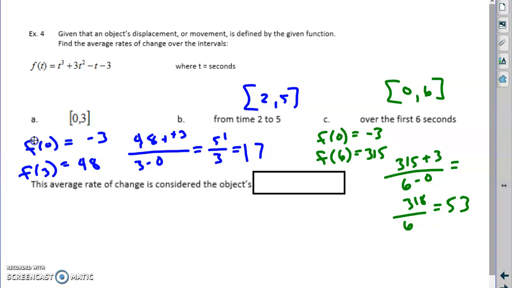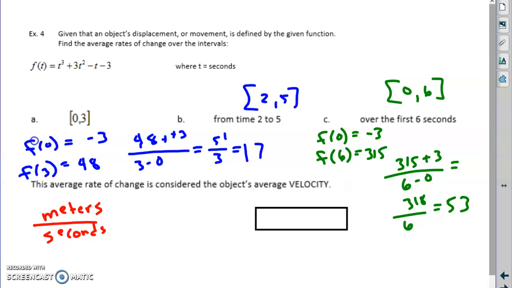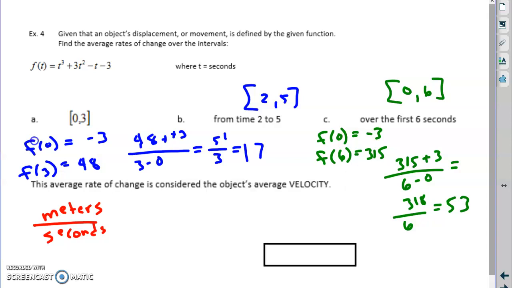All right. And what did we say t was? Seconds. So that's x, seconds. f of t is meters. So meters over seconds. In general, when we're talking about a function that represents an object's displacement or movement, the rate of change is the velocity. So we would be finding the average velocity of that object.